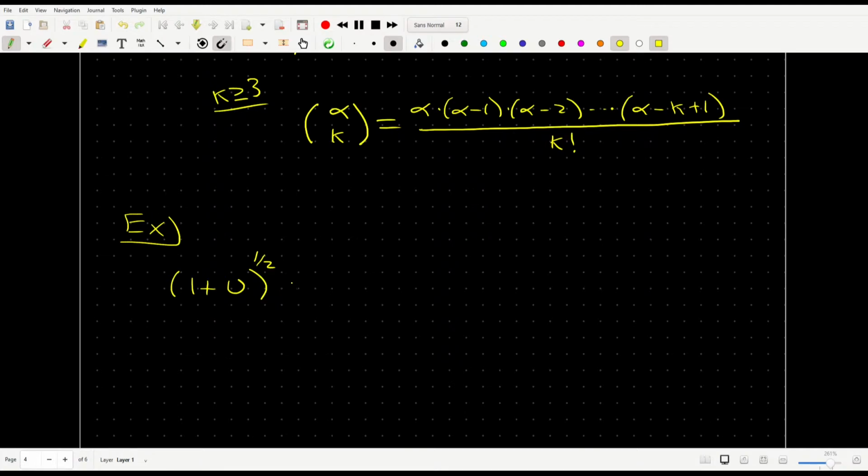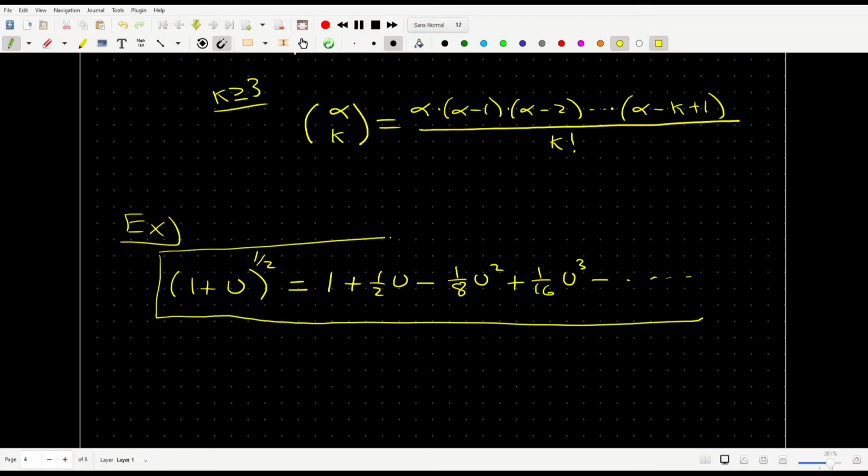And you'll remember that we ended up showing that this is the same thing as 1 plus 1/2 times u minus 1/8 times u squared plus 1/16 times u cubed, and so on and so forth. So this is going to be a very important series that we're going to use a little bit later on in this lecture. And for any binomial series, the radius of convergence is 1, so this is only valid when the absolute value of u is strictly less than 1.